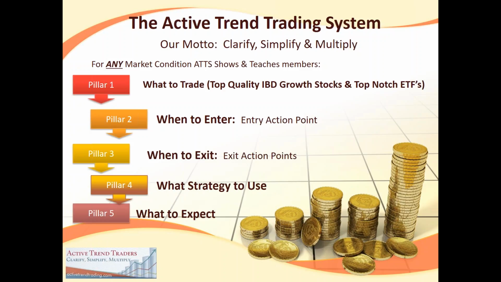We use either portfolio building, which is to buy and hold until our profit targets or our stop losses are hit, using the index ETFs, IBD 50 growth stocks, or the top-notch leveraged other ETFs. So that's one of the strategies.